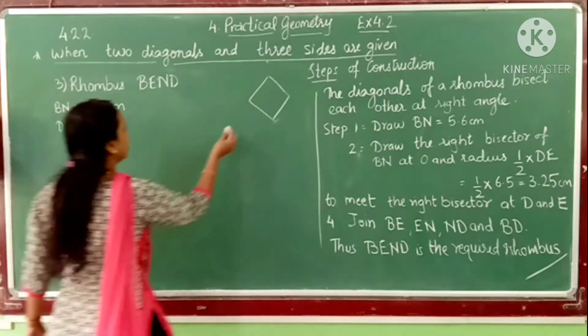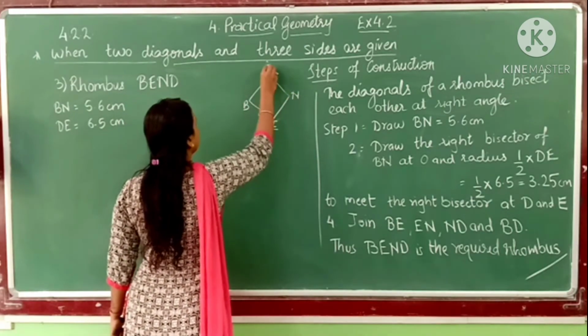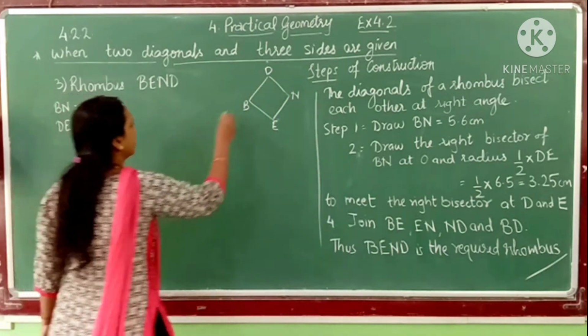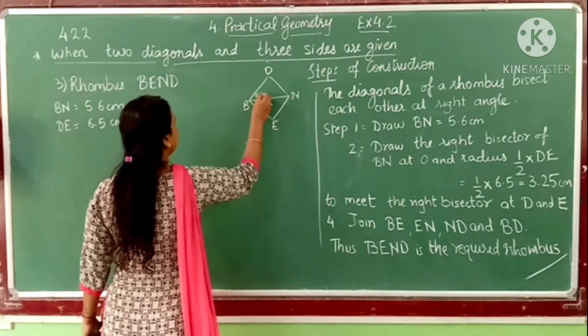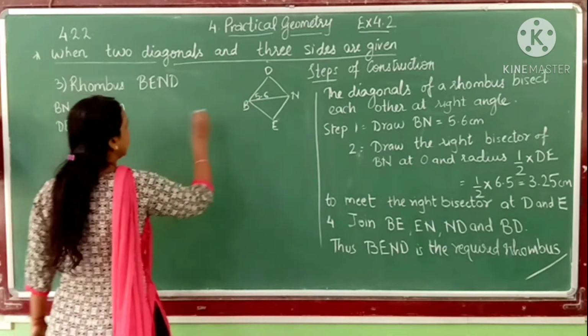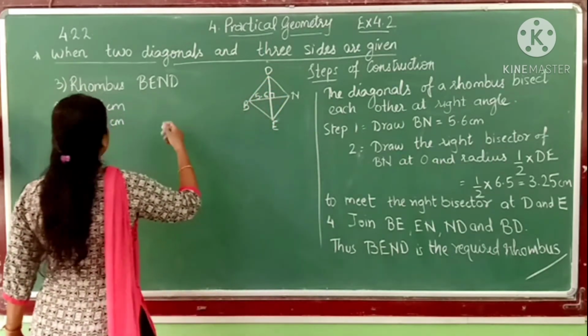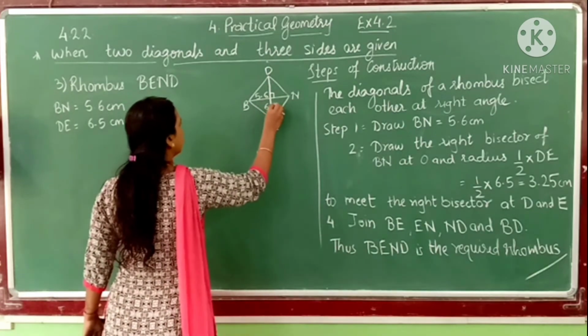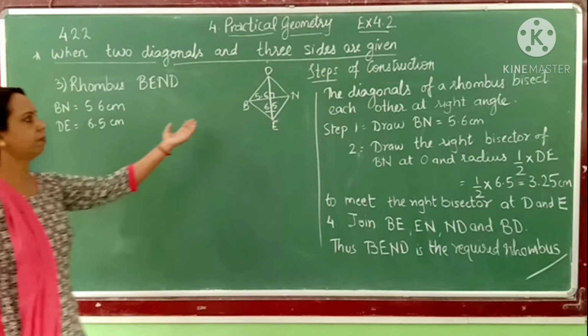So what we have here, BEND. So we have BN, this diagonal, as 5.6 centimeter, and another is DE, this straight, right angle here. So it is 6.5. Okay, this is 6.5. Now what we will do here, first we will take the baseline BN.